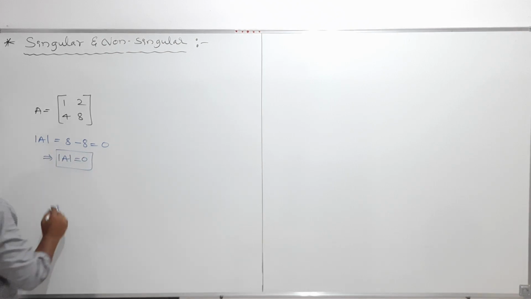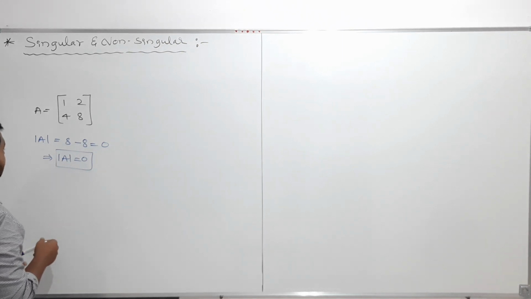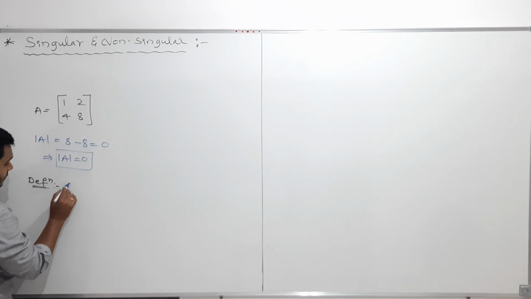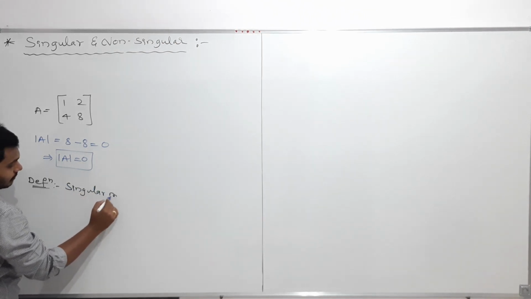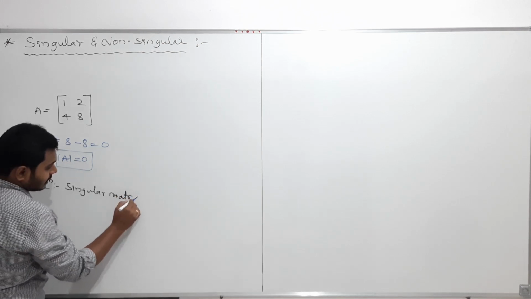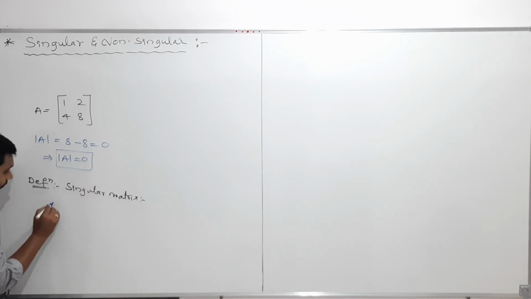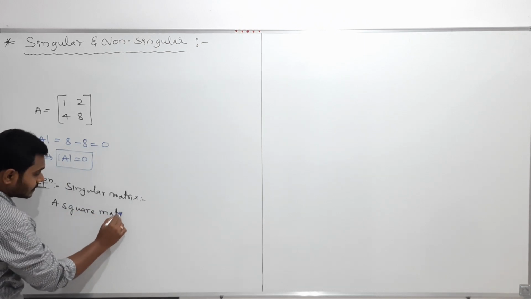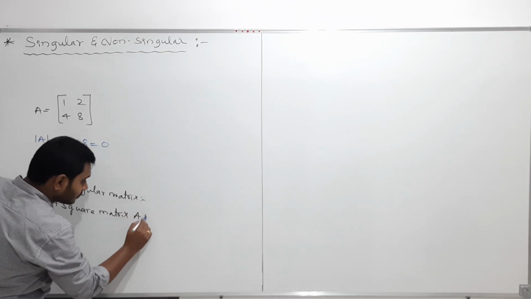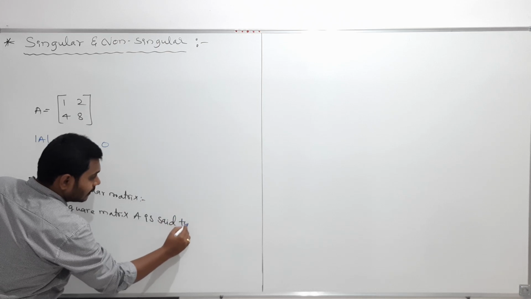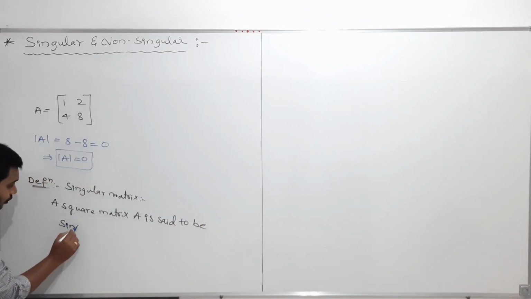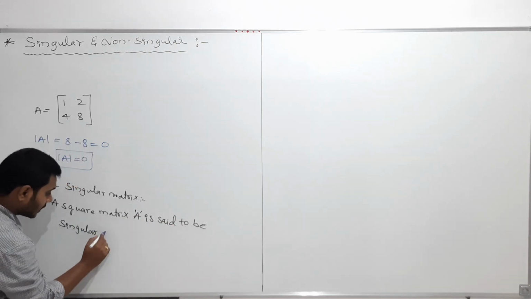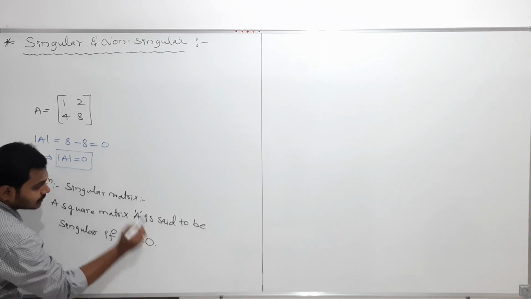Clear? So therefore, what is the definition of a singular matrix? Here, we should consider a square matrix, capital A. A square matrix A is said to be singular if the determinant of A is equal to 0.